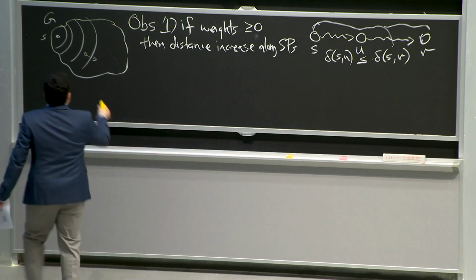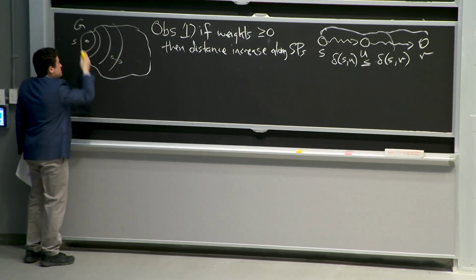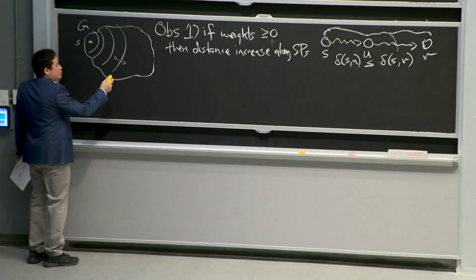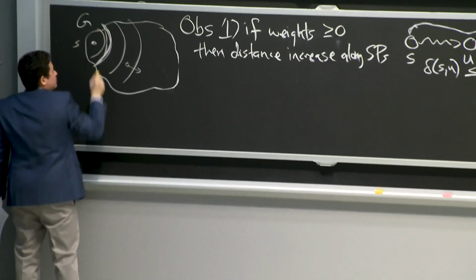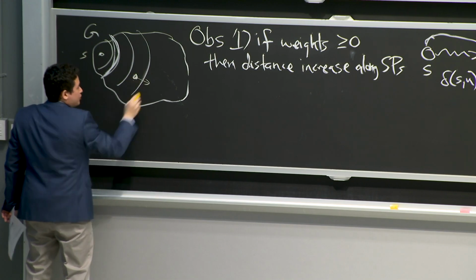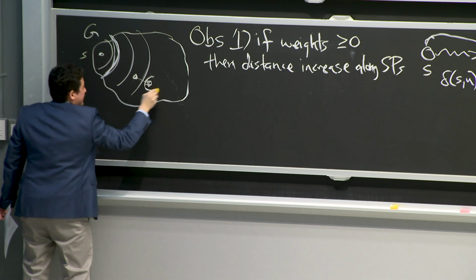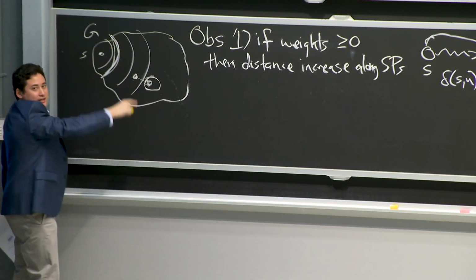It essentially means that when I'm expanding this frontier of distance away from S, it's possible, if I had negative weight, that if I had some very negative weight going from a vertex here to a vertex here, this vertex could be within this boundary.